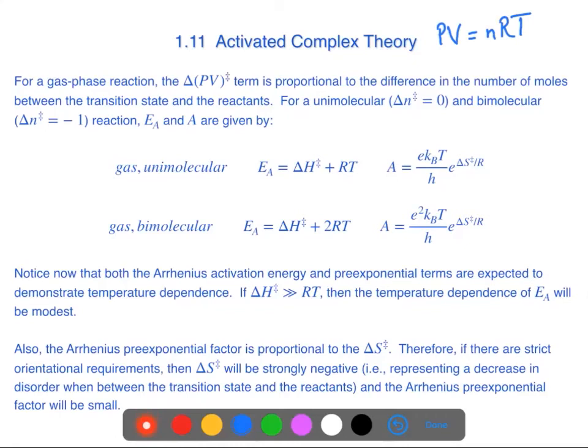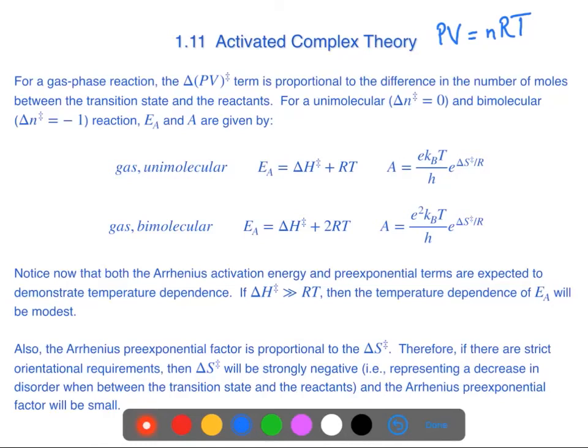For a unimolecular reaction, there is no change in the number of molecules. We start with a single reactant, and we expect at the activated complex, at that transition state, there to be also a single molecule. Whereas for a bimolecular reaction, as the two reactants approach the activated complex, there will be a reduction in volume, such that the change in the number of moles will be equal to -1.